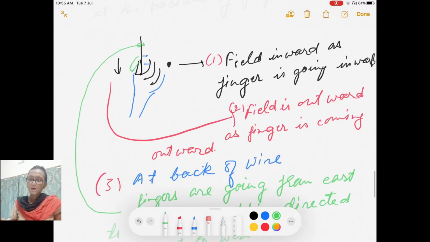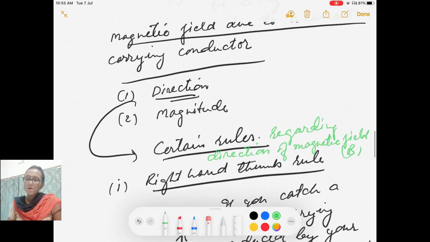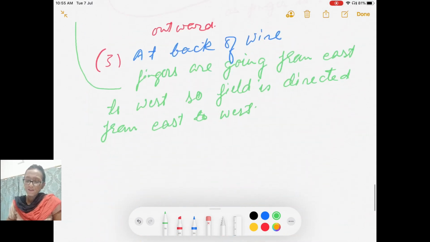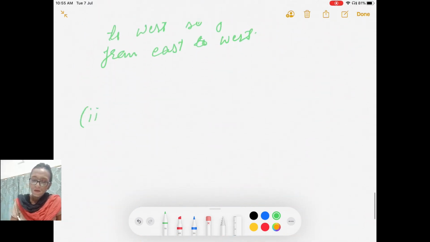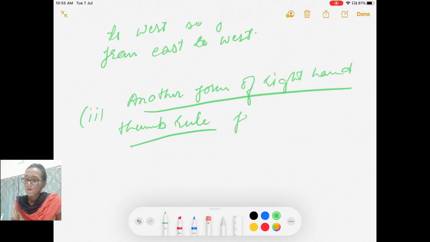Now, second rule, rule 2. One more related right hand thumb rule is there for a circular loop.